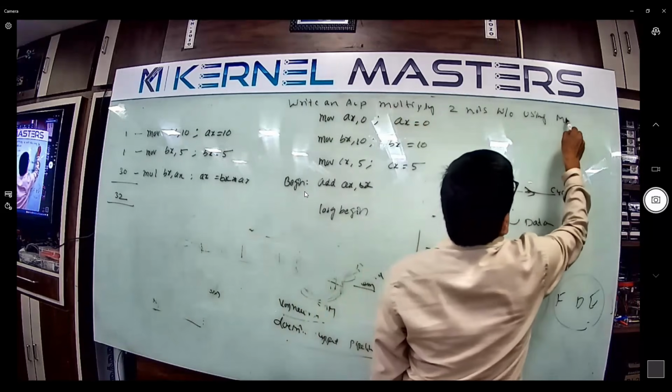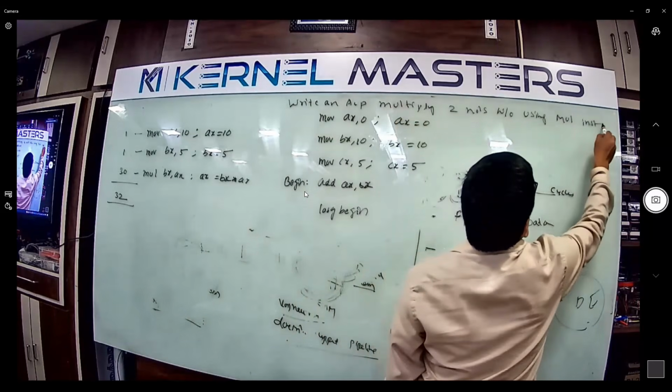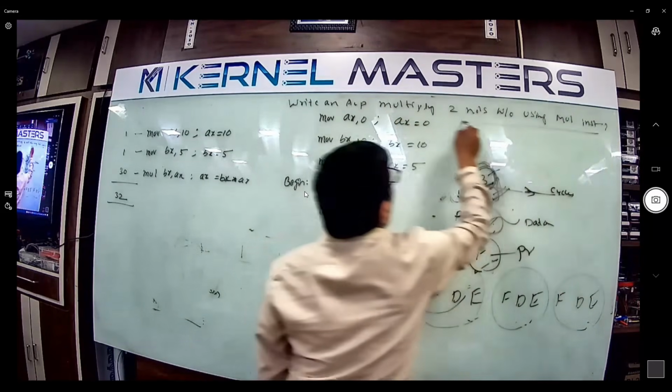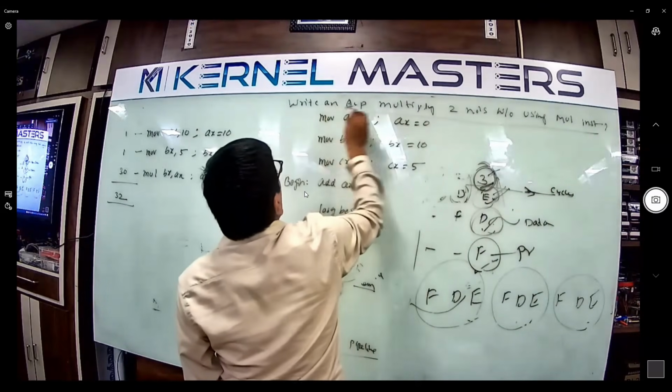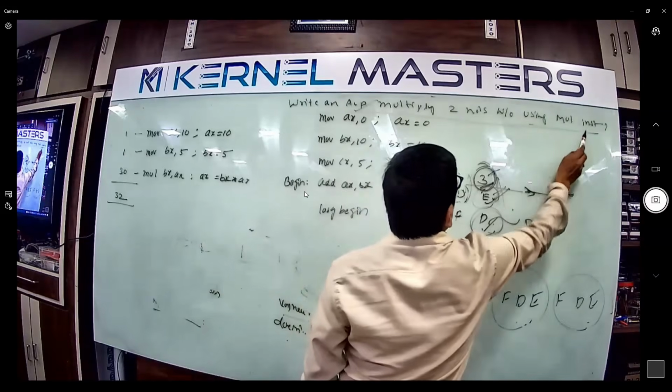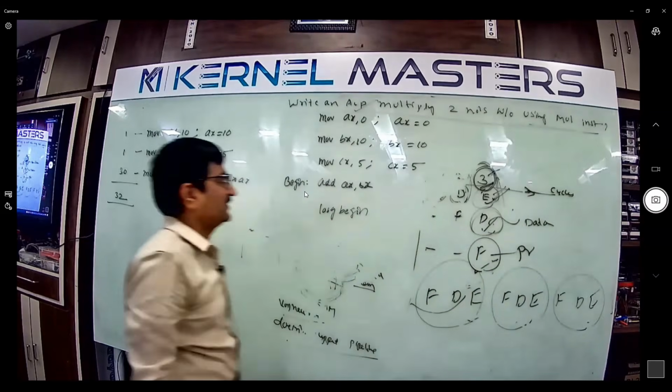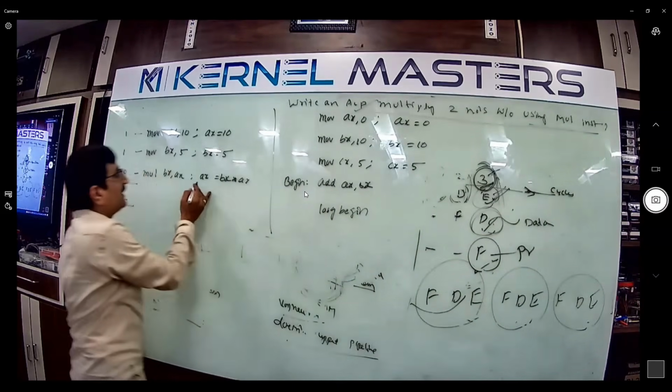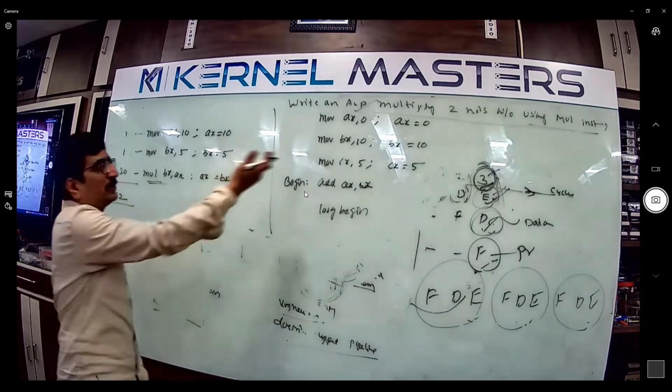This is a very important question. Write an assembly language program, multiply the two numbers without using the MUL instruction. This is the program now.